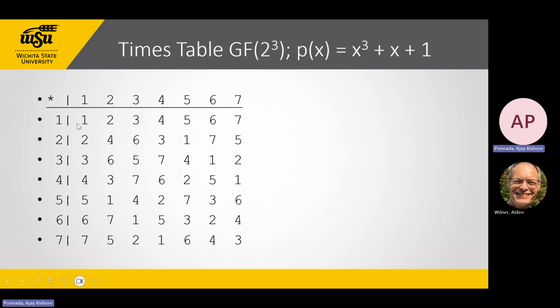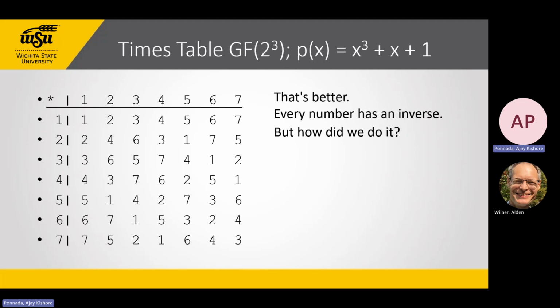For example, 1 is its own inverse, 2 and 5 are multiplicative inverses, 3 and 6, 4 and 7. So this is better than the previous table we discussed. Every number has an inverse. But how did we construct this table?